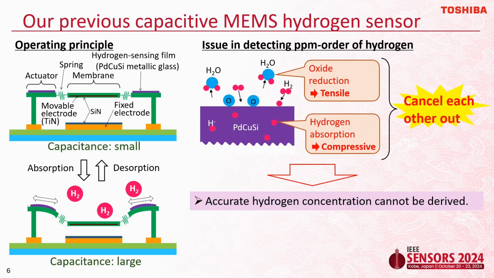The film stress of the sensing film changes in the tensile direction due to the oxide reduction, and in the compressing direction due to hydrogen absorption. Because these reactions occur simultaneously, they cancel each other out, resulting in low sensitivity. As a result, this hydrogen sensing film is easily affected by oxygen in the air, making it difficult to accurately derive the hydrogen concentration.